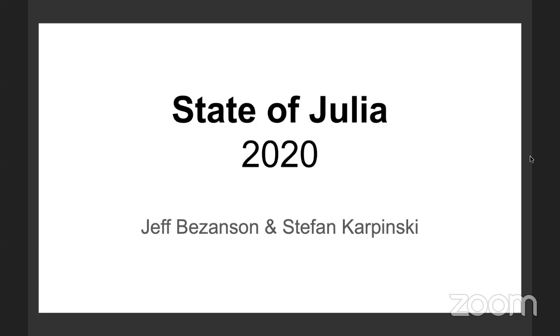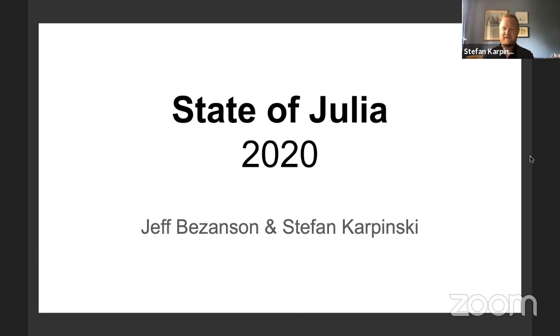First up, we have Jeff and Stefan, who really need no introduction, talking about the state of Julia in 2020. Take it away. Hi, everyone. So we're going to give what is actually the first time we've done something that's officially called the State of Julia, but we figured it's been a couple of years since 1.0, which had a very big State of Julia, though not called as such, where we announced and released Julia 1.0.